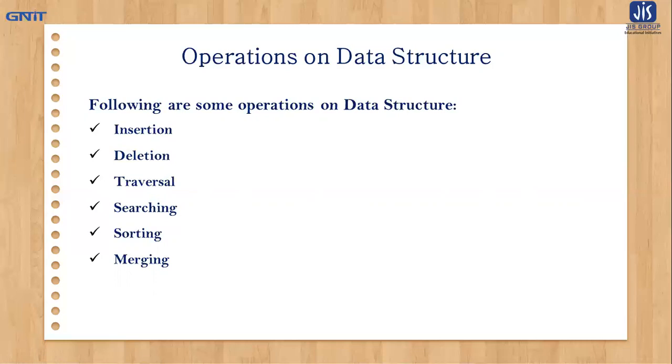This sorting can be done by using the concept of data structure. Then merging. Suppose we need to know the average. So we merge the data first, then we get the average. This kind of operation can be done. These are the common operations we can do in a data structure.